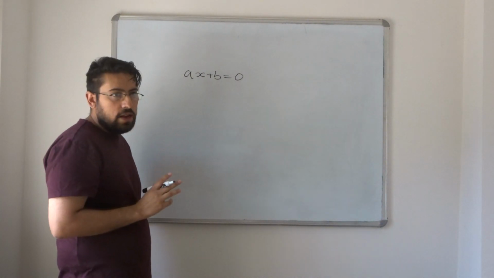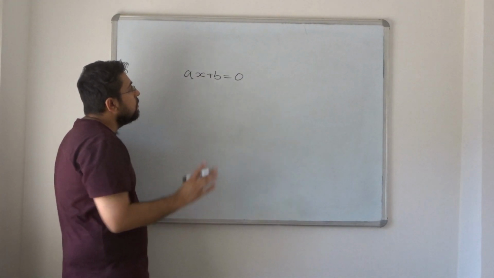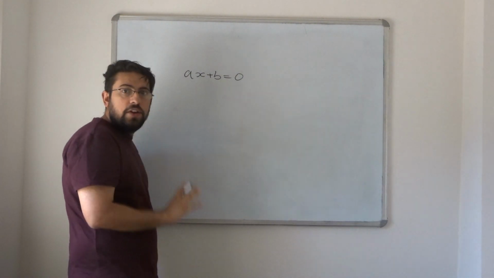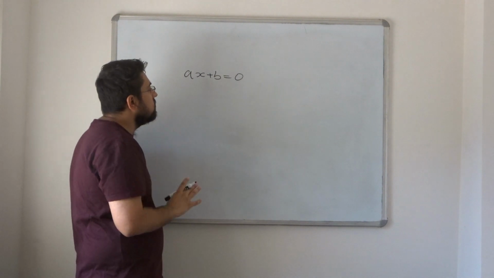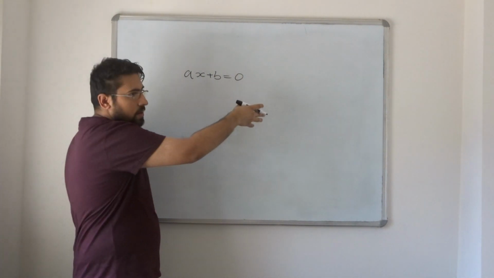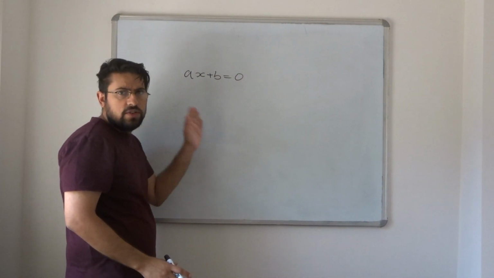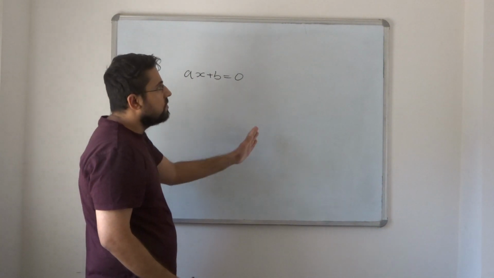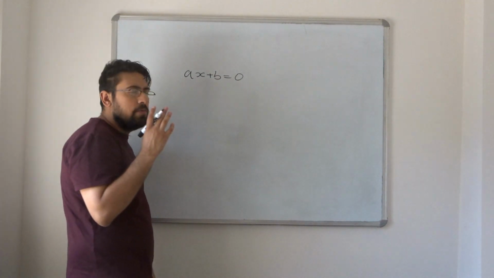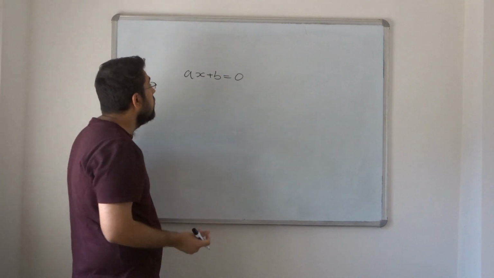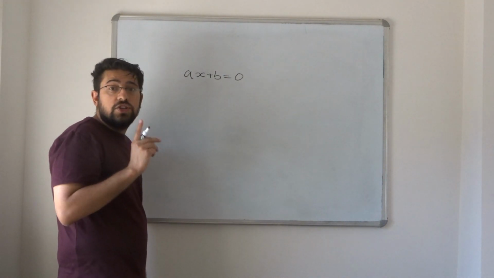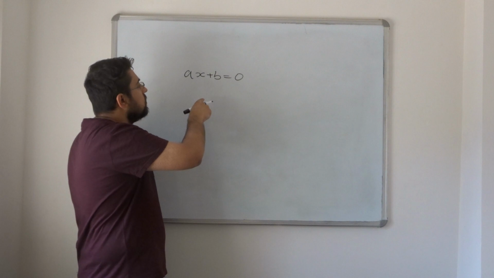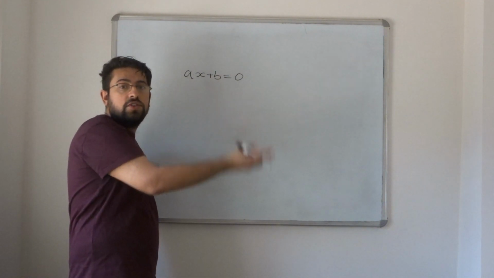So how do we do that? Basically, you take the same variable or the same constant to the other side, but the only thing that changes is the sign.